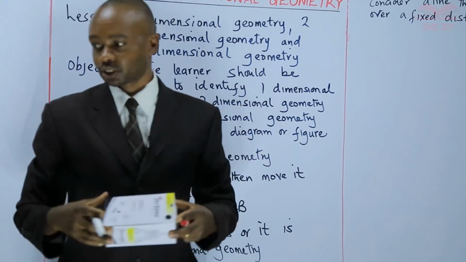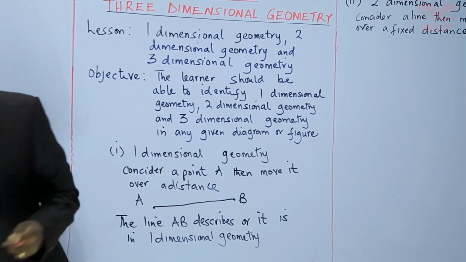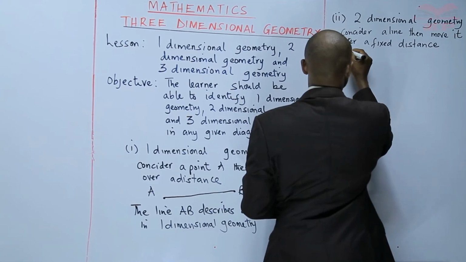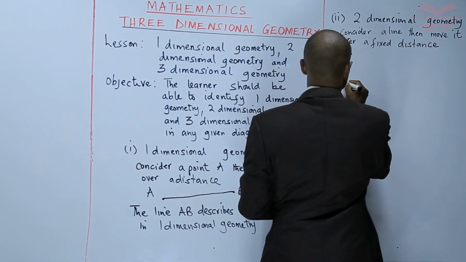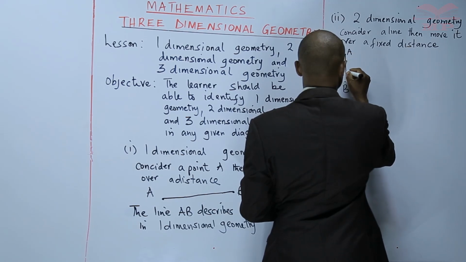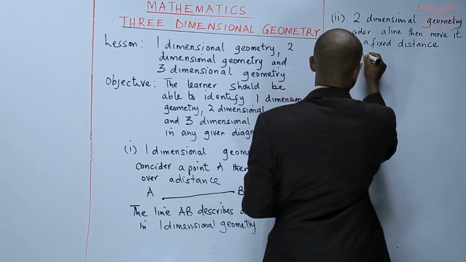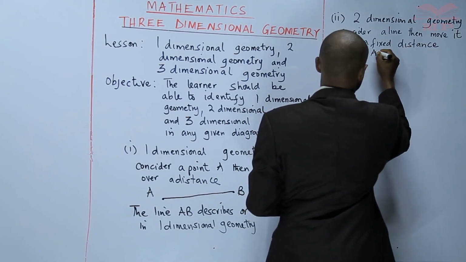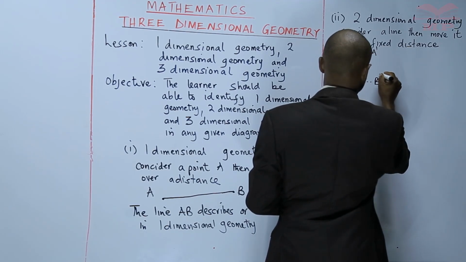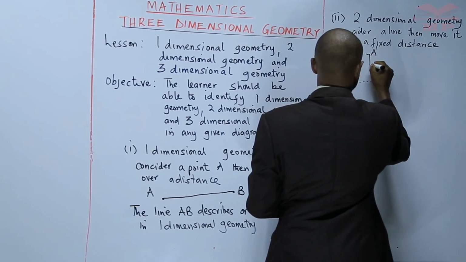that is one-dimensional geometry. So in two-dimensional geometry, consider a line AB. That is the line. If you move it, you land at a new point A prime. Move it, land at a new point B prime.